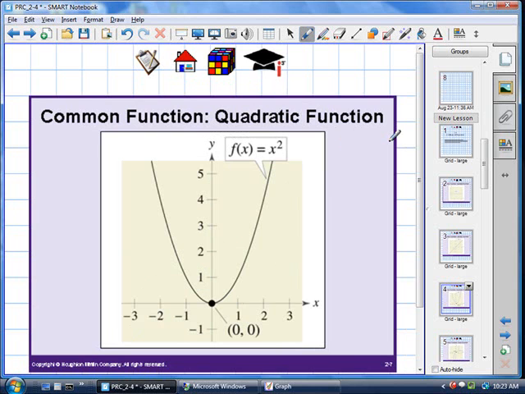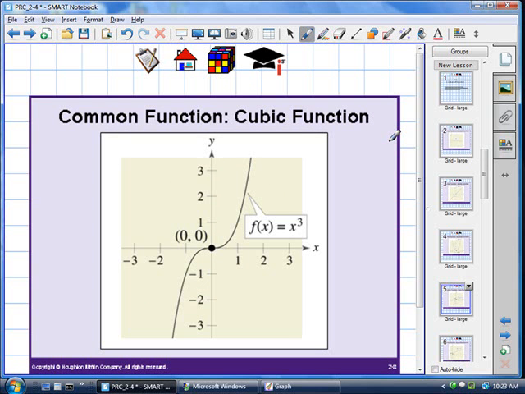Okay, then Mr. Quadratic, which we've been seeing so much of lately. This is the simplest one. Y equals x squared. They don't all sit right on the origin like that, but x squared looks like that. We've all seen that guy. Then the generic cubic function.